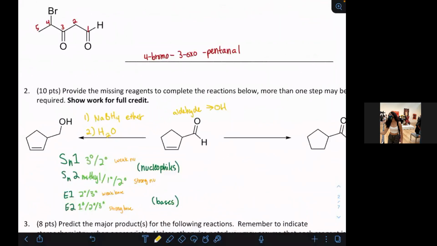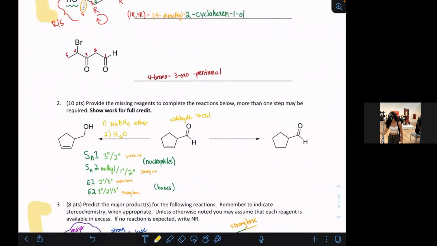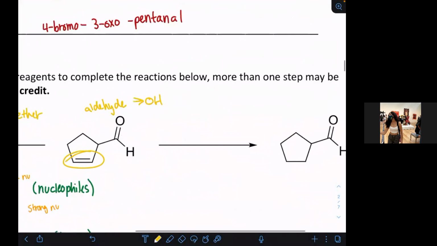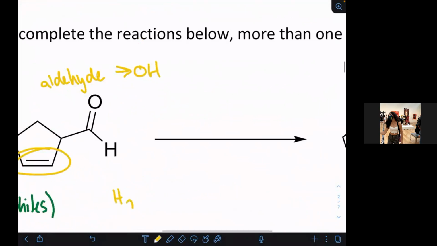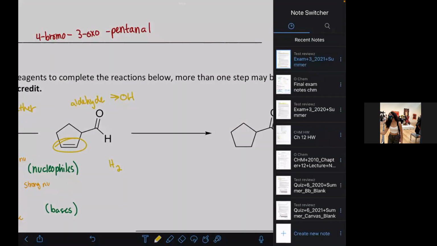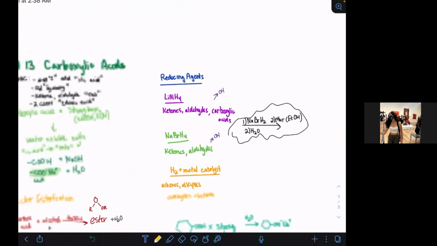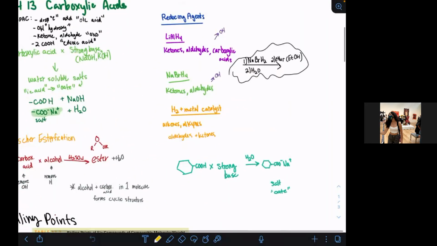So that's how you get to that one. For this other one, I'm not too sure, because it just reduces the alkene, but I'd have to double check, because I thought H2 also reduces the aldehyde. Yeah, I think it does.